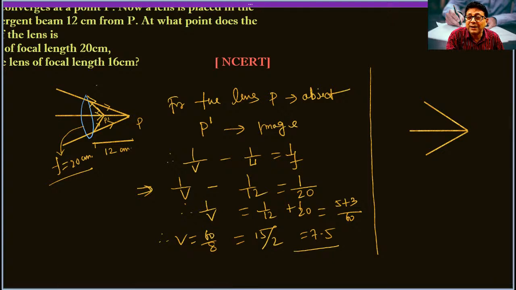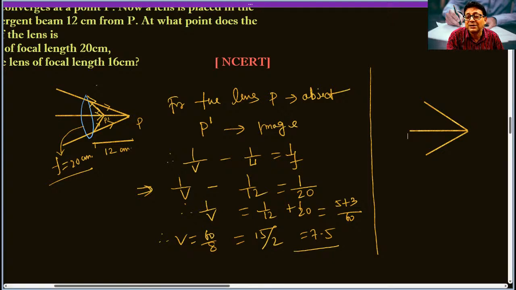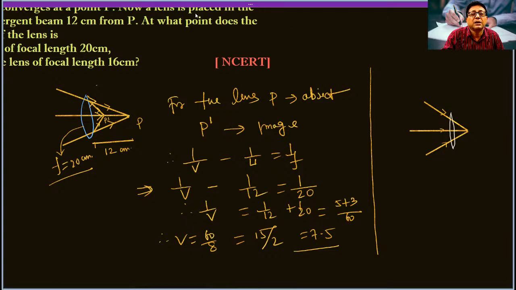We are keeping a diverging lens on the path. Put the ray direction. Direction given. Here what we are doing? We are just keeping a lens. No, this is not converging, this is going to be the diverging one.